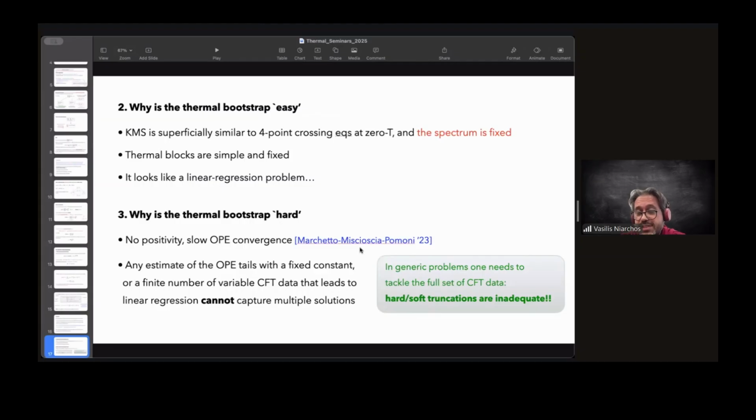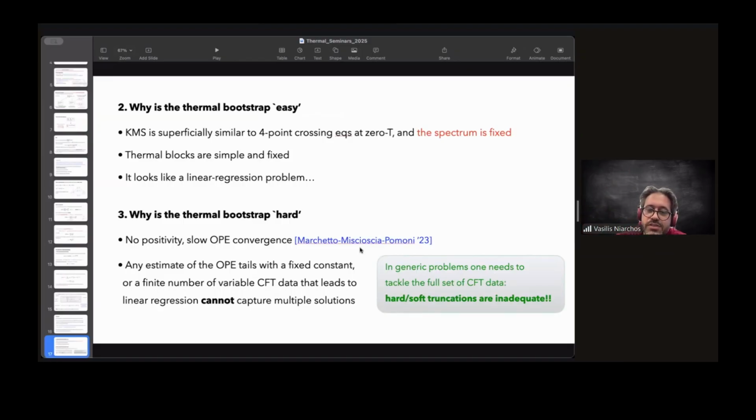But we know, as we will see later in examples in the holographic case, there are examples where the KMS condition admits an infinite number of solutions, and by truncating in this way, even if you do a soft truncation, you're basically losing sight of all the solutions that exist. And that for us was a big issue. So in generic problems, one needs to tackle the full set of CFT data. One has to go beyond the linear regression problem to a non-convex optimization problem, which is what we're doing with the unknown functions.